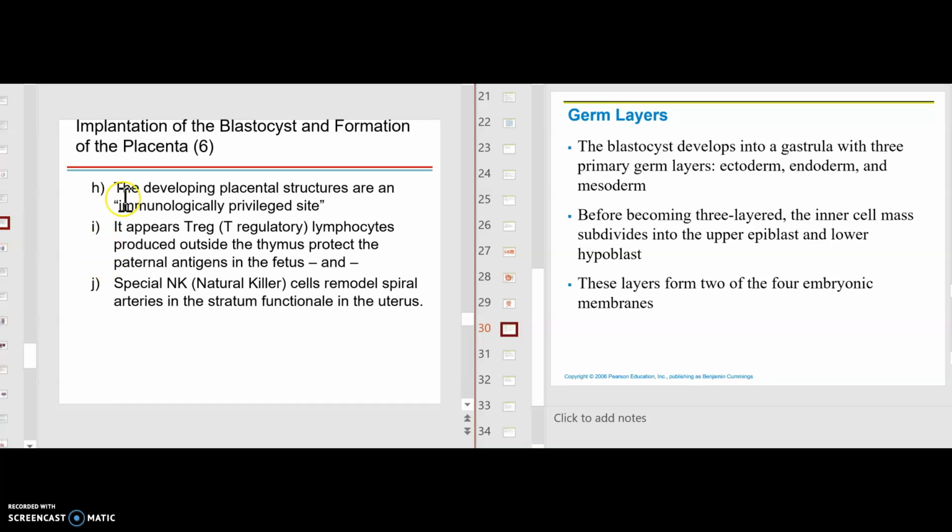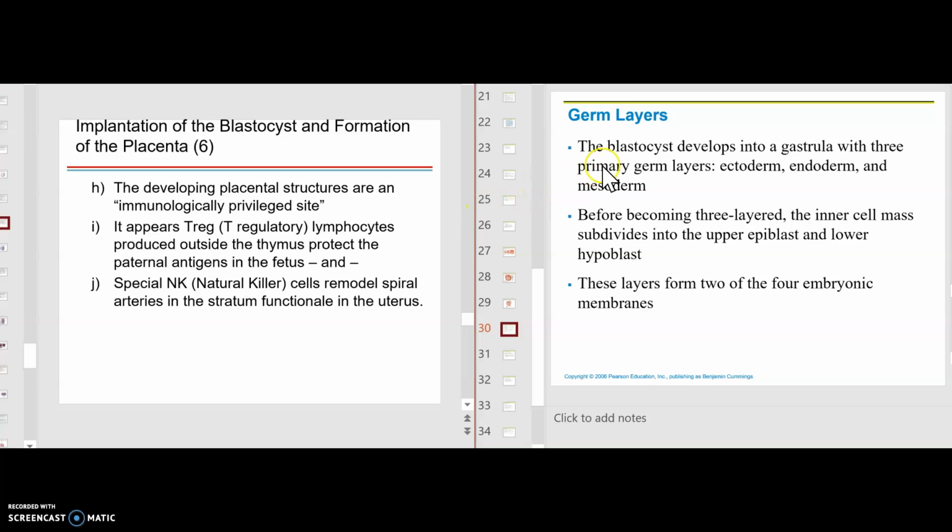So we're trying to find out why it's immunologically privileged, that it's not being attacked by the mother's immune system. It appears that some T regulatory cells, these are T lymphocytes produced outside the thymus, protect these paternal antigens. In other words, there are several theories of this. And then there are some special natural killer cells that seem to remodel the spiral arteries. All of this is to try to protect the mother from attacking the offspring. So I'm going to bring that up.